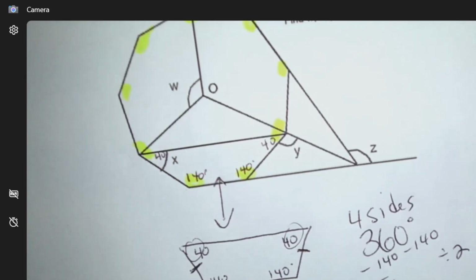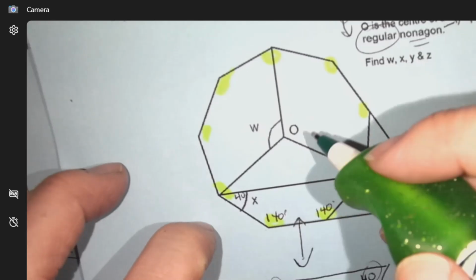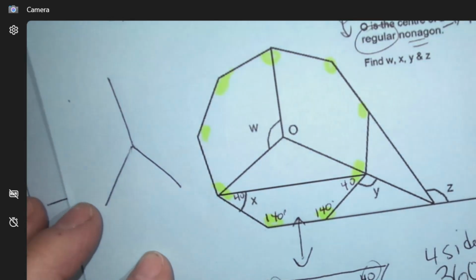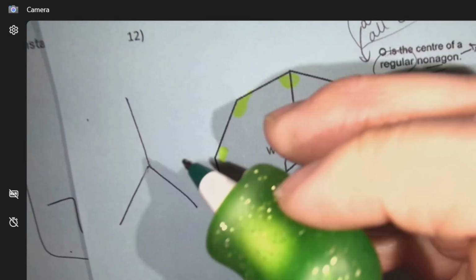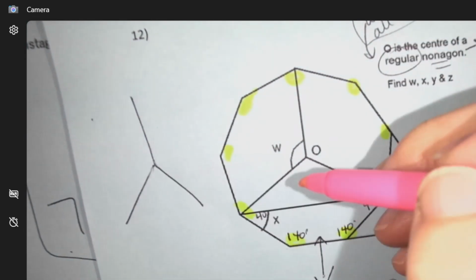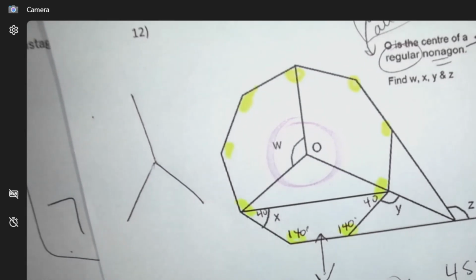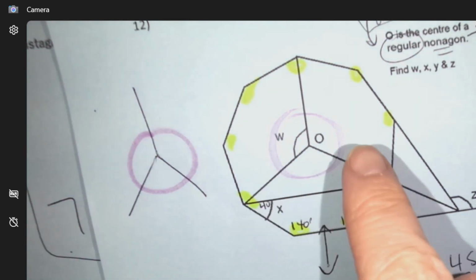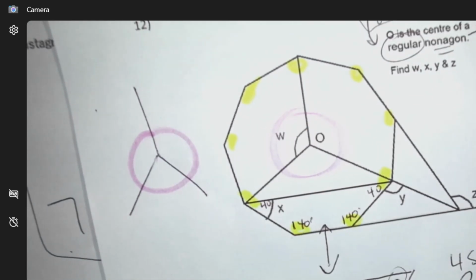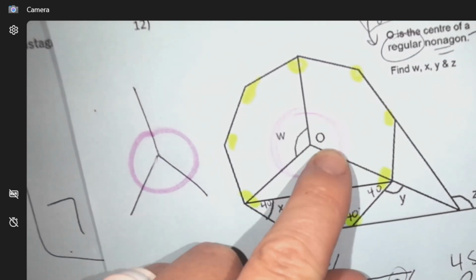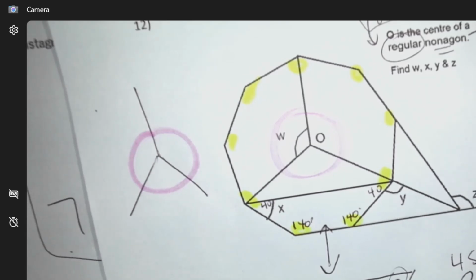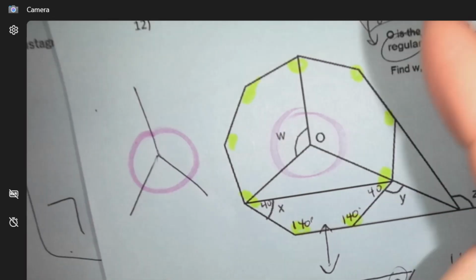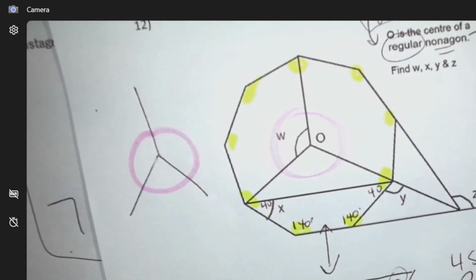Okay, next we are going to think about this center part. I'm zooming in on the center of the circle. Within a circle, how many degrees do you go through into the center here? 360 on the circle, right? Can anybody conclude something about how they cut this shape?